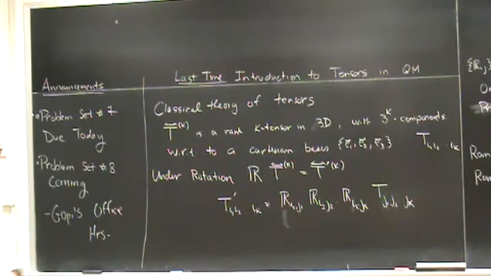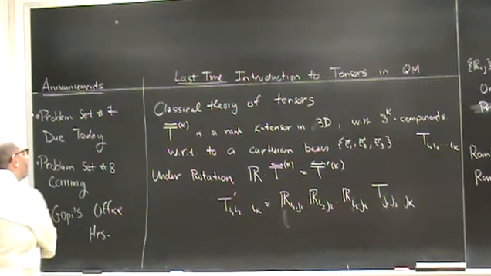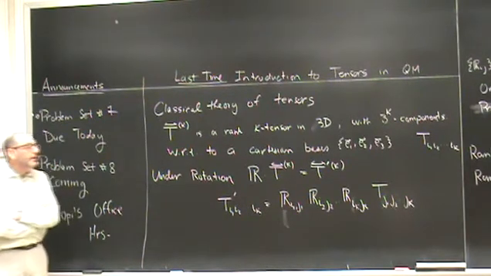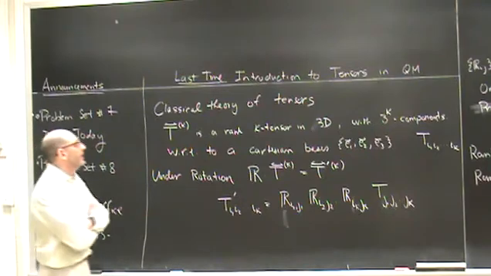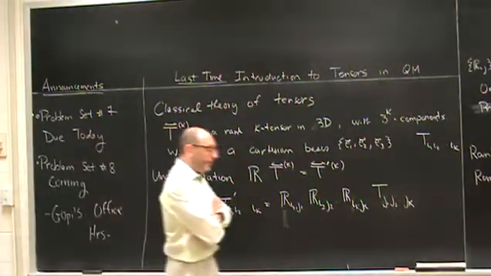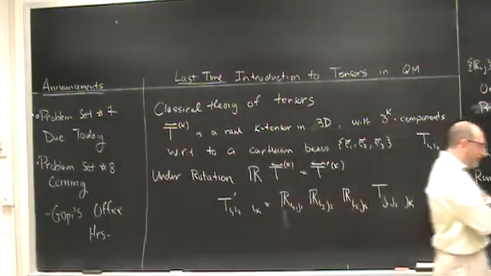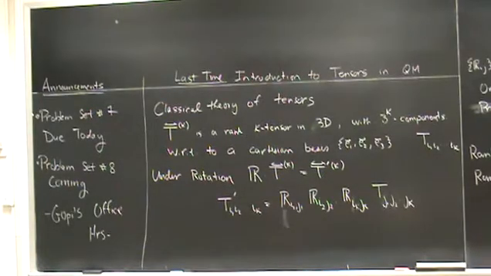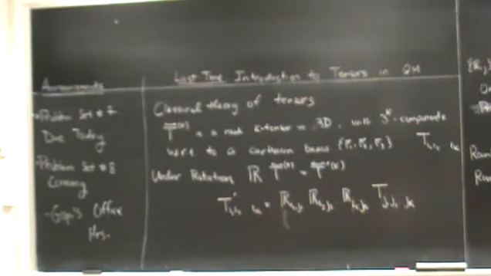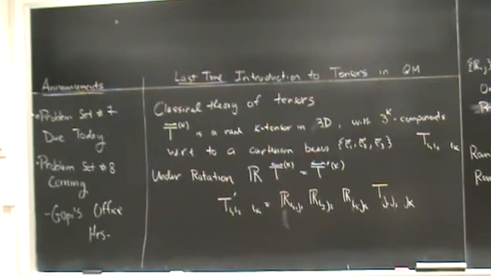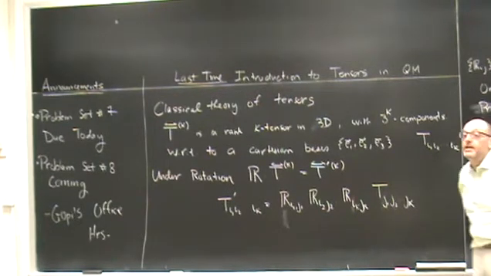All right, so to do that, what we did, we first reviewed the notion of what we mean by a tensor. So a tensor is a geometric object, and it is defined by what happens under a three-dimensional rotation.